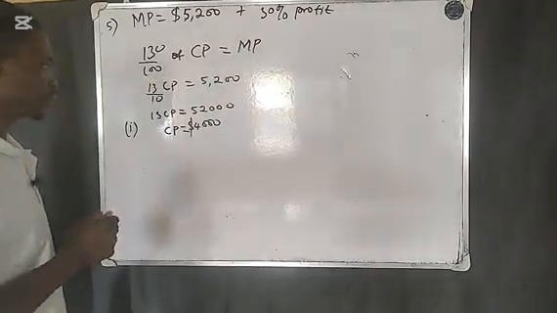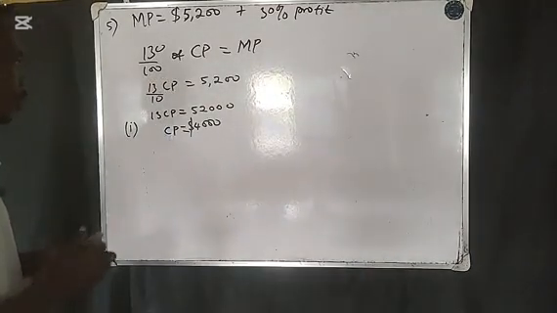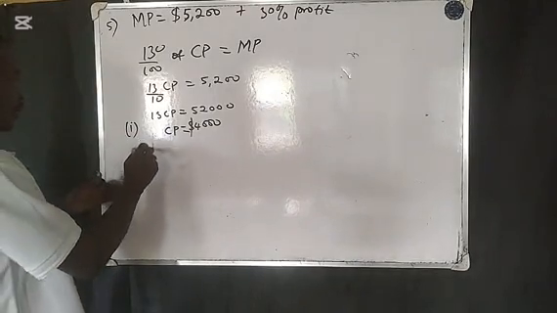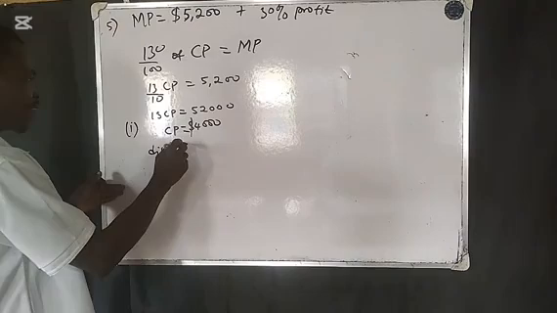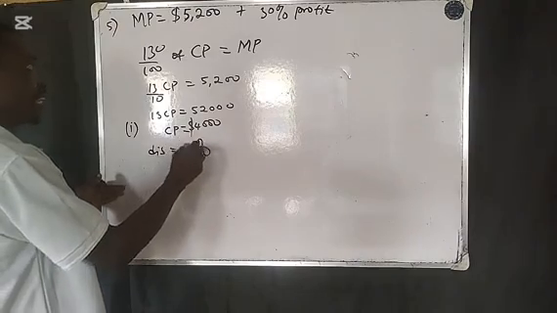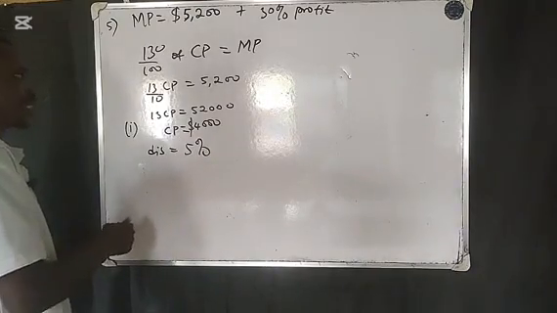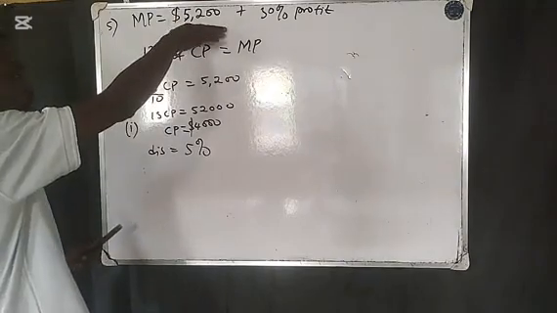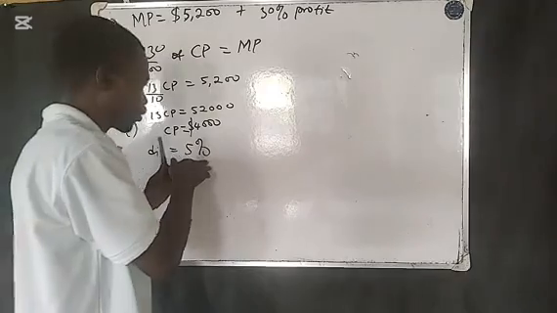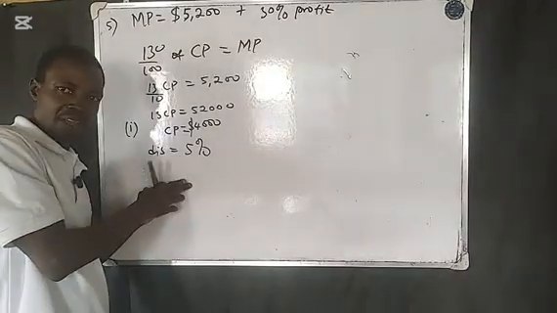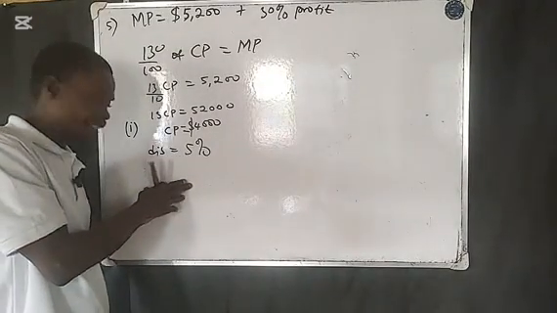Then the second one. Somebody enjoyed a discount of 5%, meaning this guy did not end up selling it at this amount, because he gave somebody a discount of 5%. How much did Amadu pay? That's the number two question.